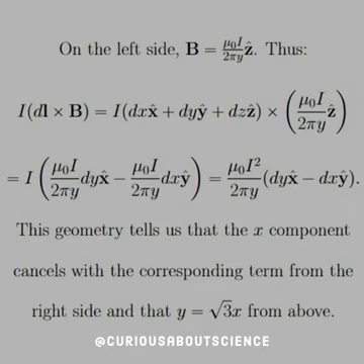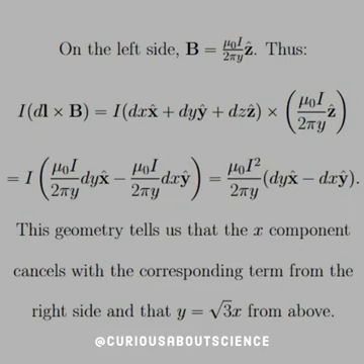All we get is B dy x hat minus B dx y hat, because everything else is 0, and a cancellation happens. Again, we can factor the magnitude of y out, leaving us with mu naught I squared over 2 pi y times dy x hat minus dx y hat.